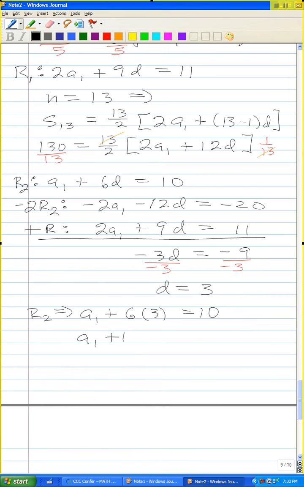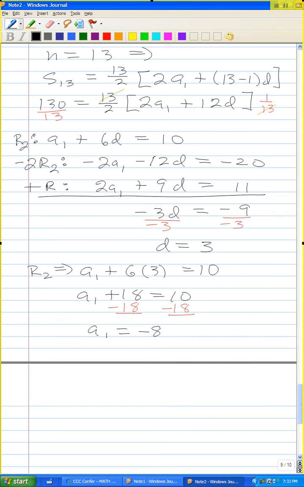So a1 plus 18 is 10. Subtract 18 from both sides. So a1 equals negative 8.